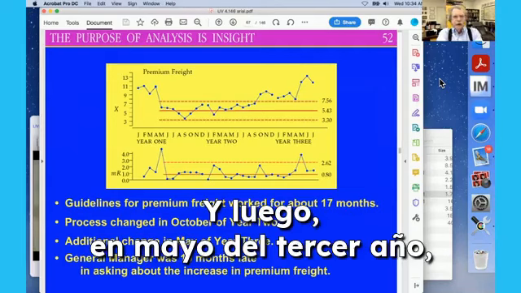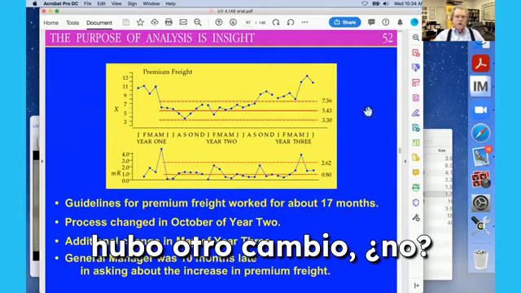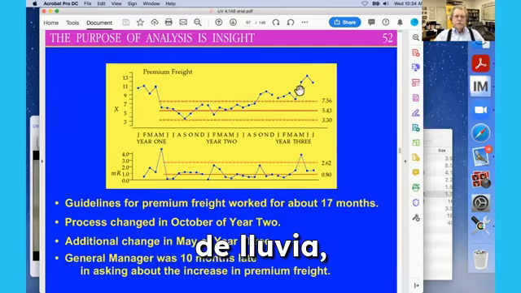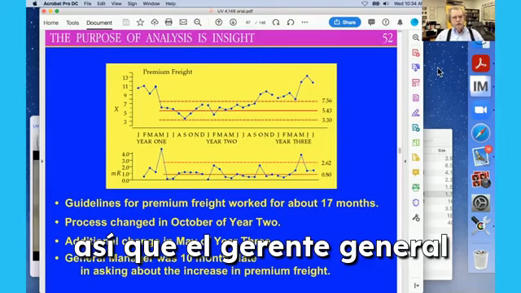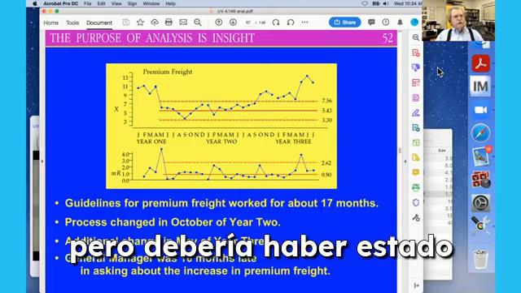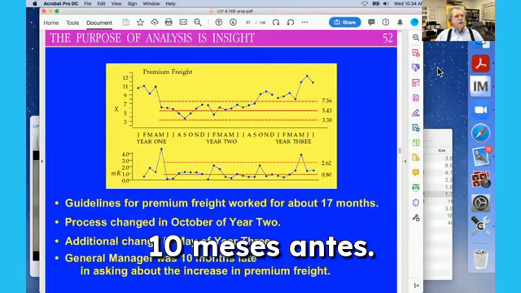And then in May of year 3, there was another change, wasn't there? Through the big range, jump. So the general manager asked the right question, but he should have been asking the question 10 months earlier.